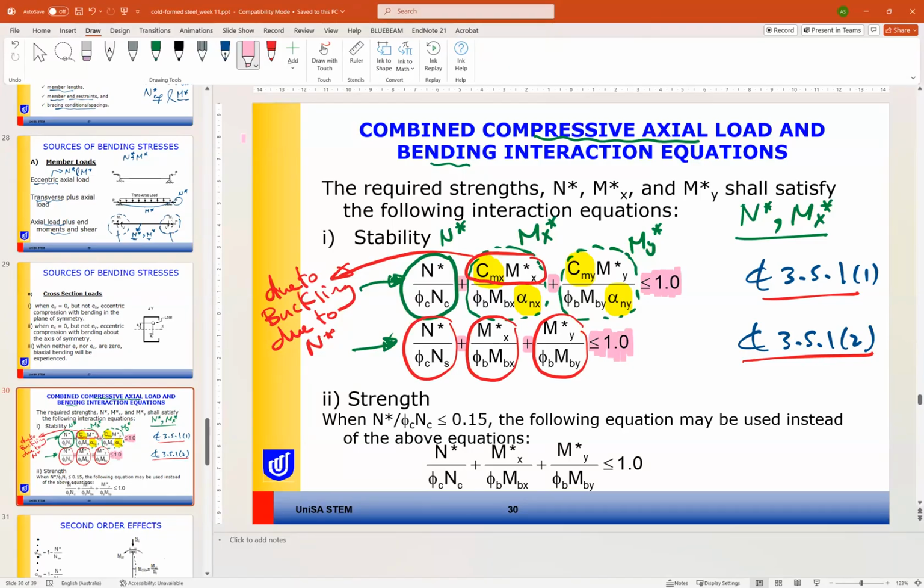The standard gives us another limit, which is when N asterisk over phi Nc is less than 0.15. This means we have small axial compression on the member.